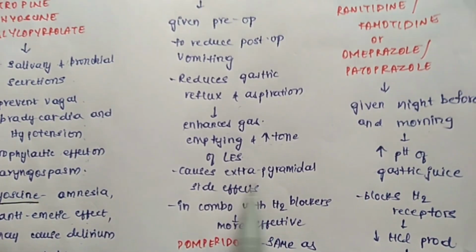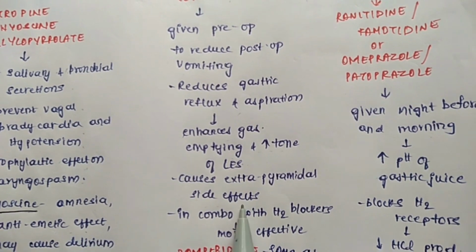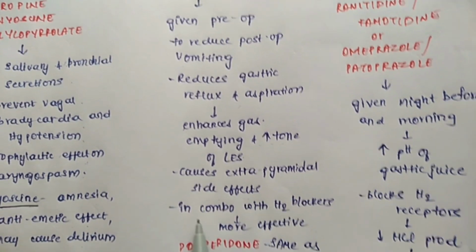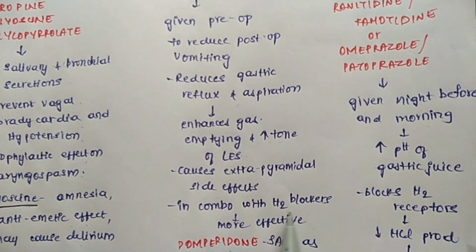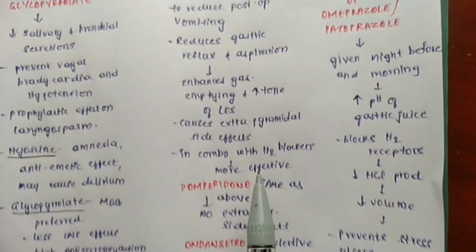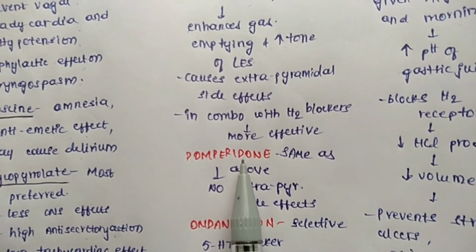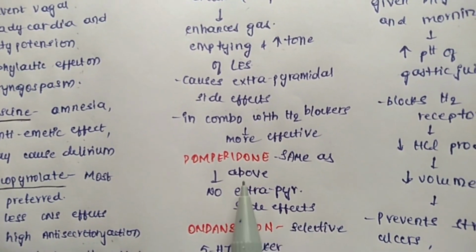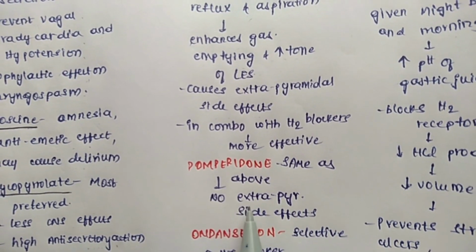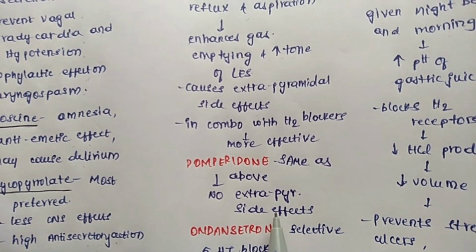It causes extrapyramidal side effects besides the antiemetic property. Therefore, it is less commonly used nowadays. In combination with H2 blockers, it is more effective in producing its effects. The next drug is domperidone. It has the same effects as metoclopramide, but it does not have any extrapyramidal side effects.